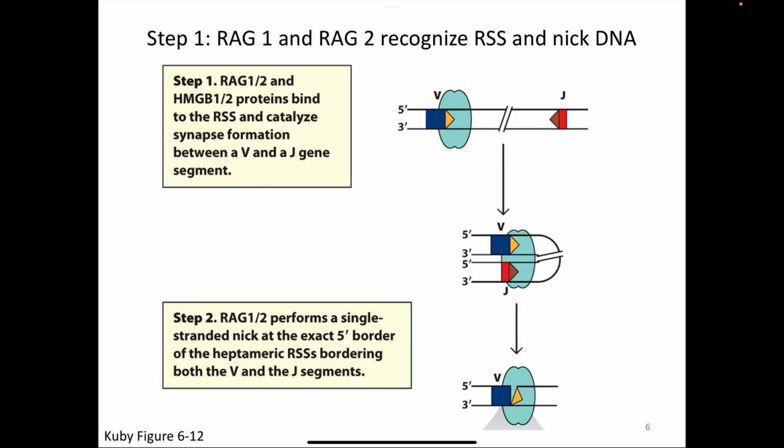I don't care if you know which RAG1 or 2 does each of these steps. It's just I feel like I have to be technically correct when I say it. RAG2 then does its enzymatic activity. So RAG2 has an important job in this whole process, which is that RAG2 is going to do something called nick the DNA. It's going to form something called a DNA nick.